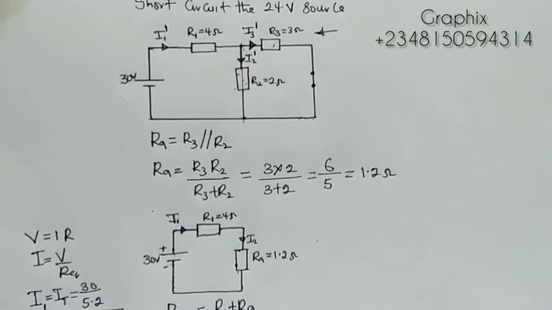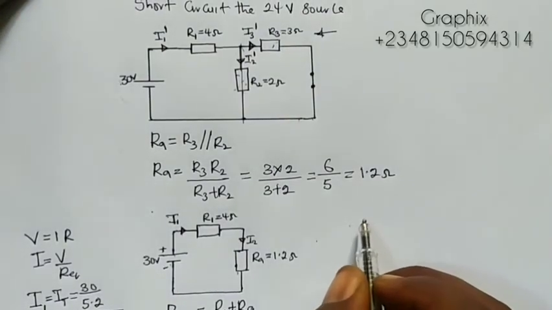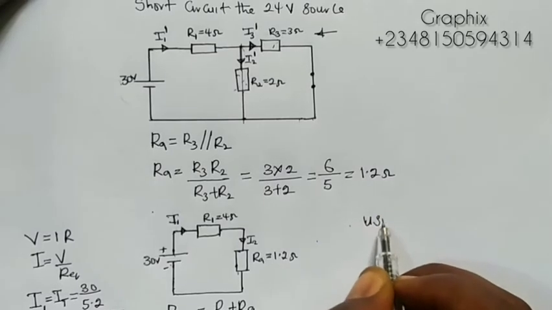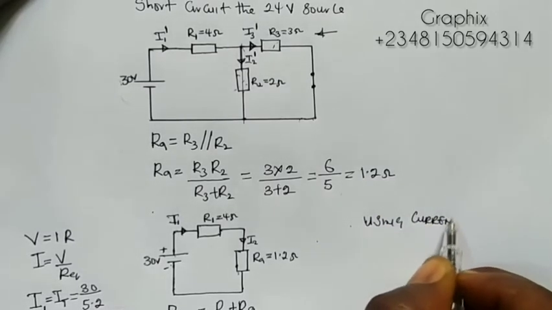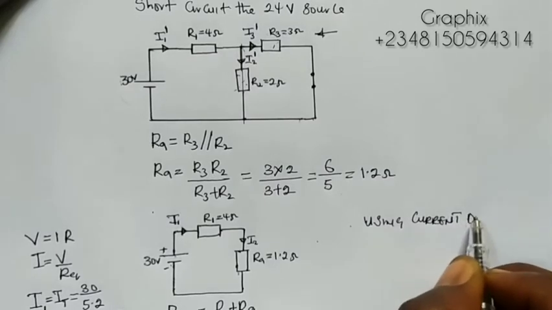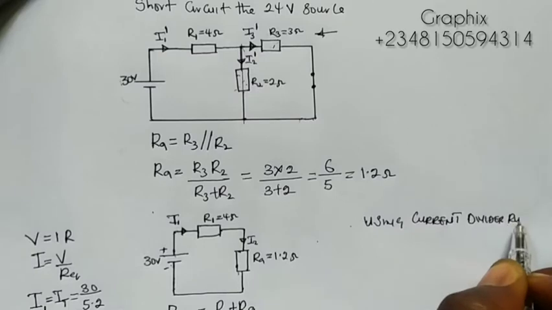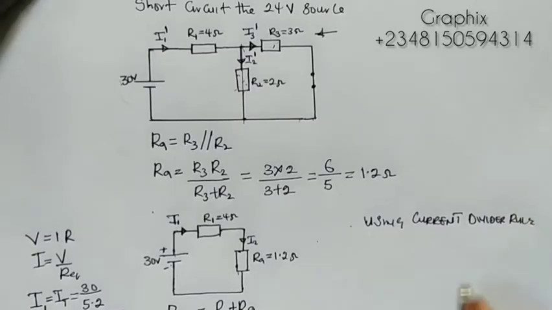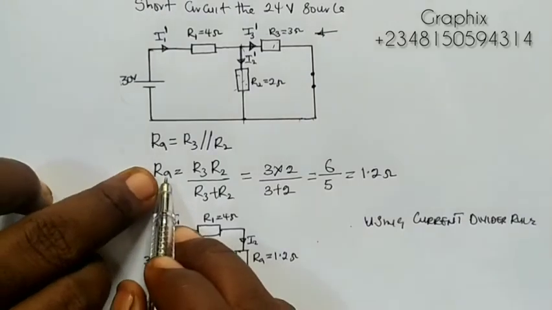So how are we going to do that? We use the current divider rule. From here, just look at the logic. This is RA.